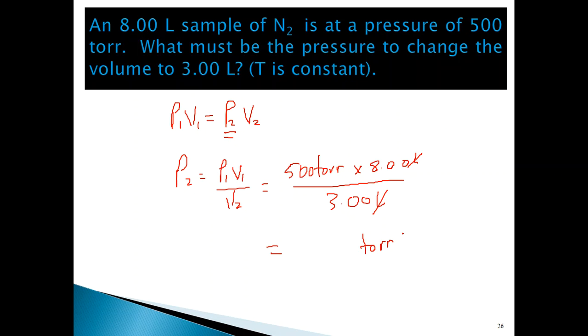Okay, so according to my calculations, let me just make a change here. I'm going to assume that there's a decimal point after the 500. So that would make that 3 sig figs. So the answer when expressed to 3 sig figs would be 1330 torr. All right. Okay, so that's how we do that.